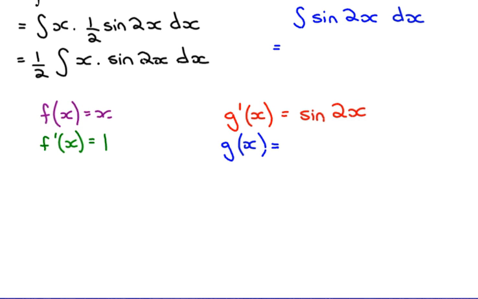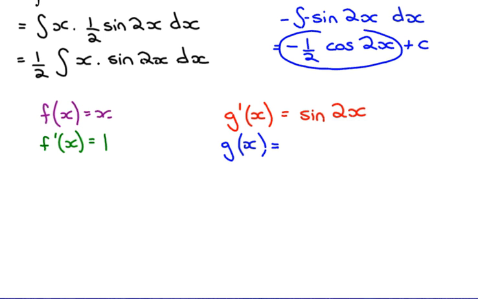So I pop a negative there and there, which gives me negative. And because of that 2, I've got to counter it with a half. Cos 2x plus a constant of integration, but I just care about that part there. That goes over here. So I've got negative a half cos 2x.